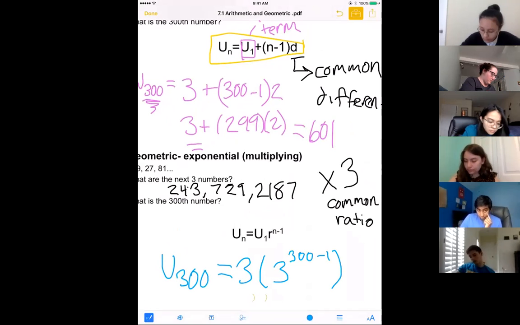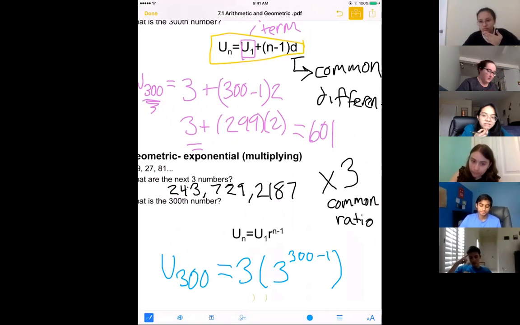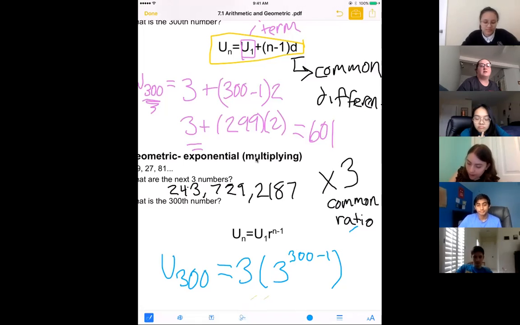So that would be 3 times 3 to the 299th power, which in my calculator is an overflow. So a real big number. But you can find any term in a geometric or arithmetic sequence using these formulas. Does that make sense?